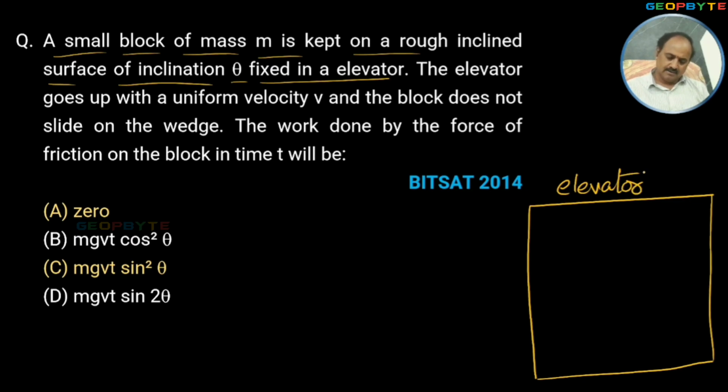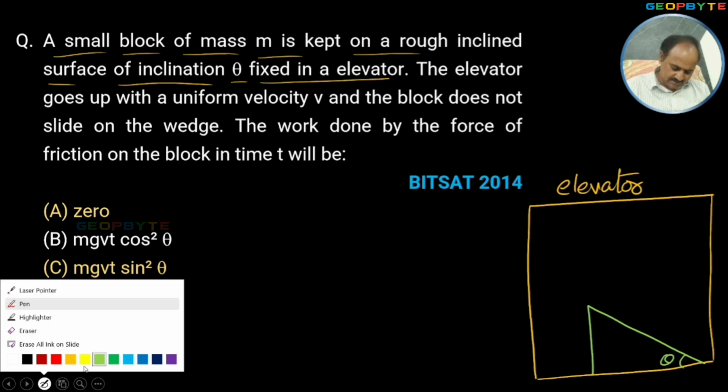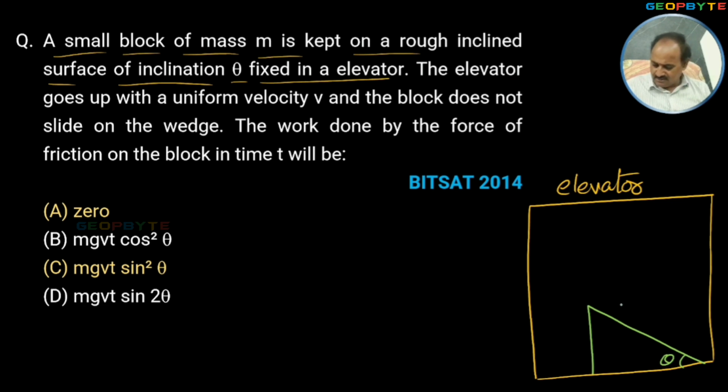In this elevator, there is a small rough inclined plane like this. Over that inclined plane, here angle is given theta. A small block is kept. The mass of that block is given m.